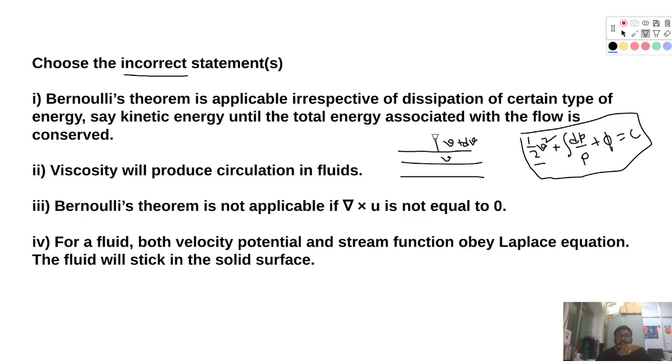So you have a gradient in this direction, let's say this is y. So you have dv by dy, which is not equal to 0. Whether this gradient can produce some circulation in fluids. Sumit, what do you think? This will produce circulation. So the second one is correct.